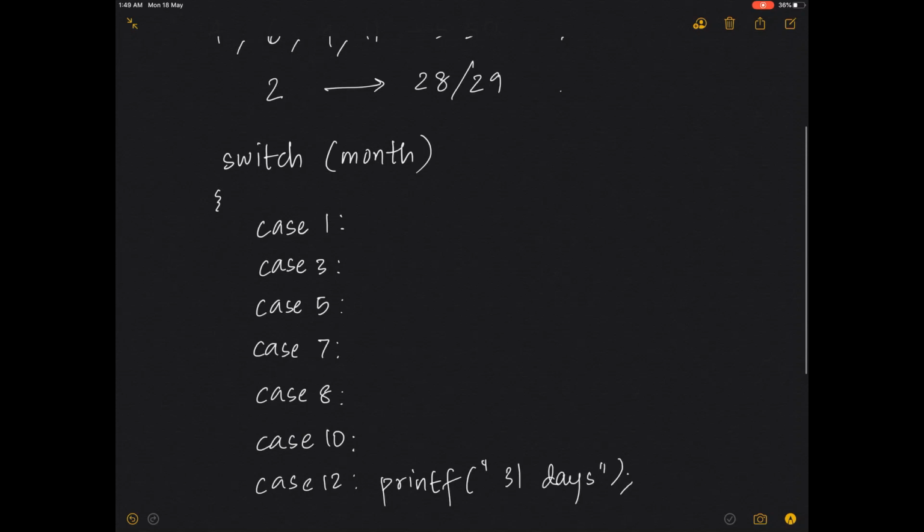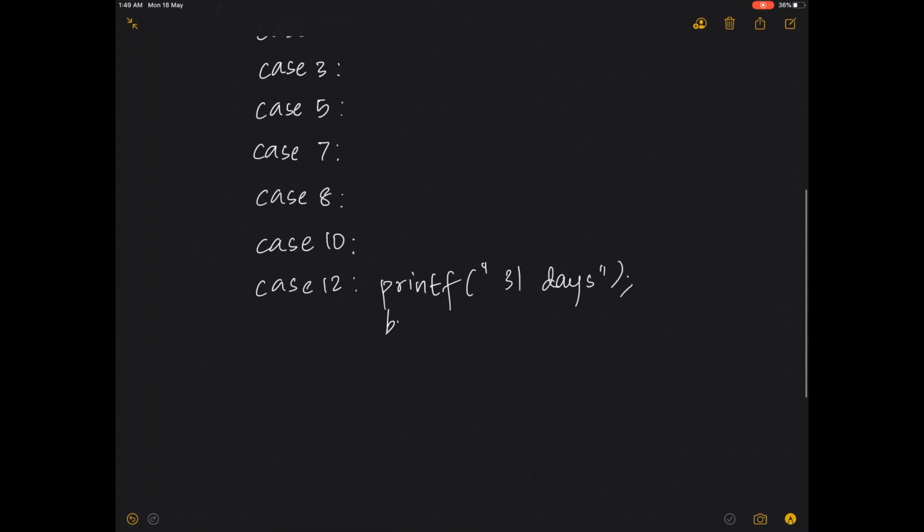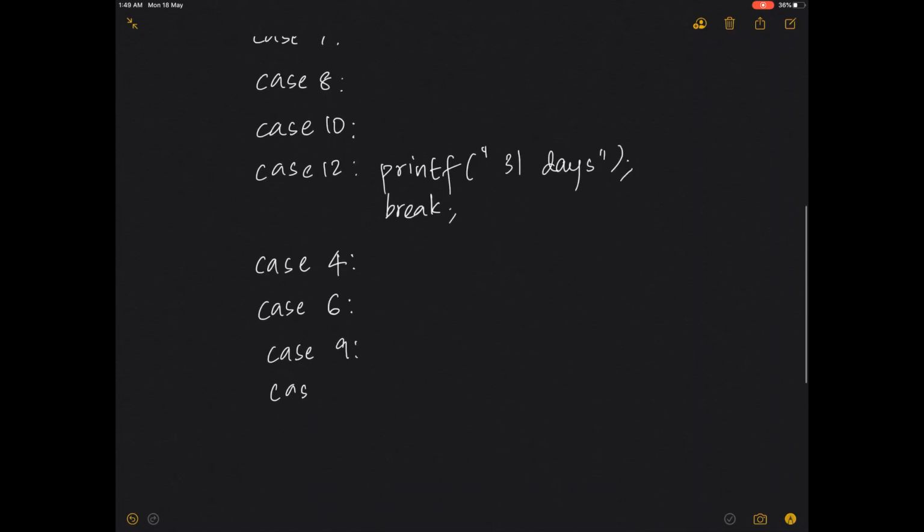And then you can go ahead and put your break statement. Now the remaining ones are your case 4, case 6, case 9 and case 11. You can write printf 30 days and break.